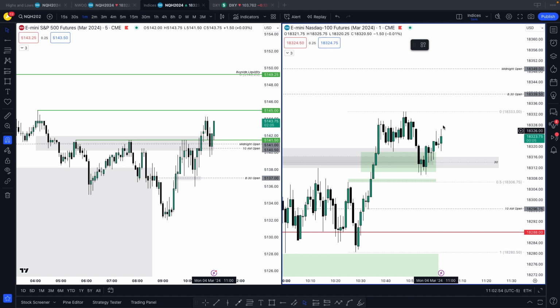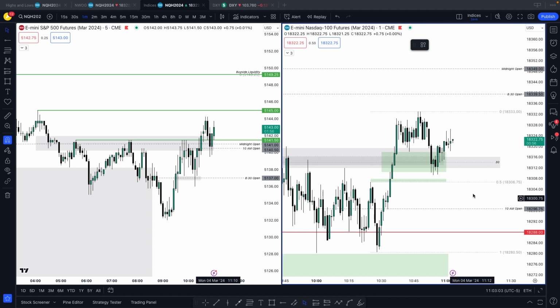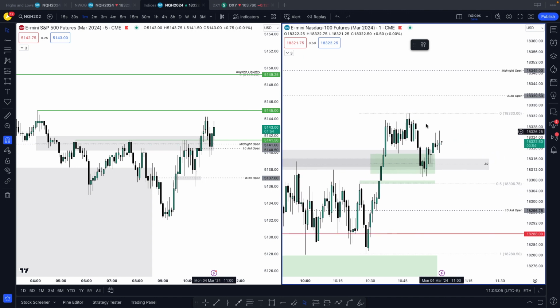Okay, so still just watching for this to trade up toward the buy side, but I'm allowing for a retracement to take place here. If it just runs off, that's okay. I can find a later opportunity.